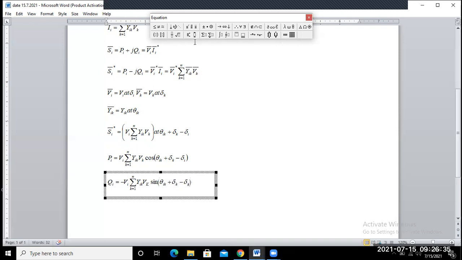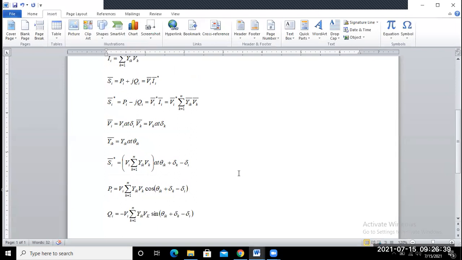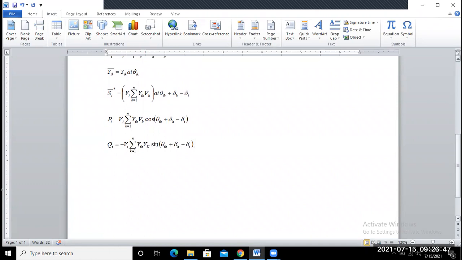So these are the active and reactive power equations in the load flow.